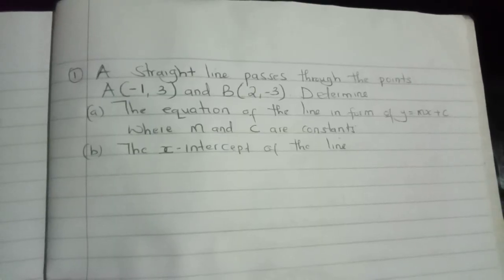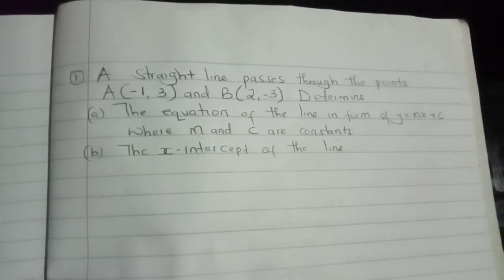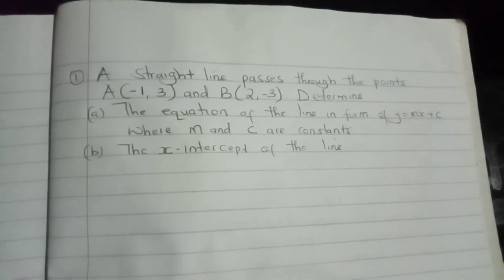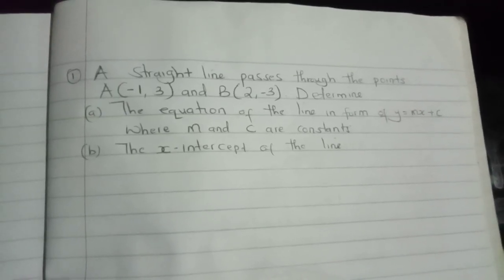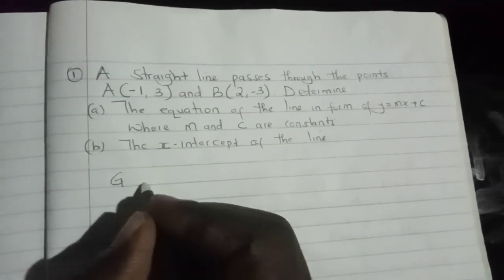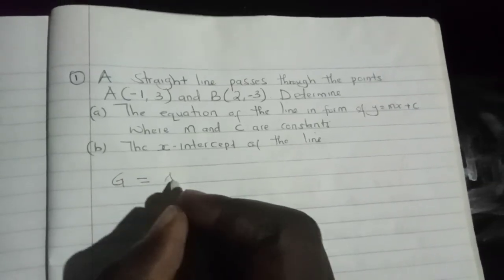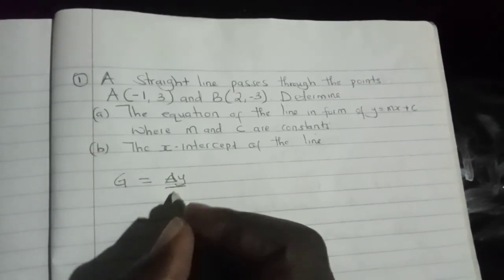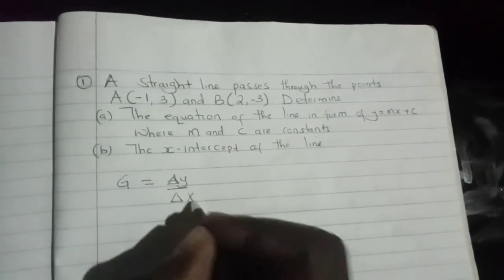From the question, we've been given that the line is passing through point A and point B, and we've been given the coordinates of those points. So the first thing we are going to do is get the gradient, and gradient is equal to change in y all over change in x.